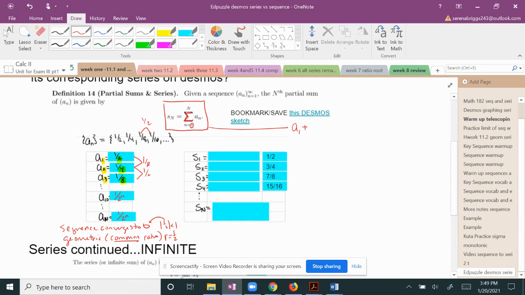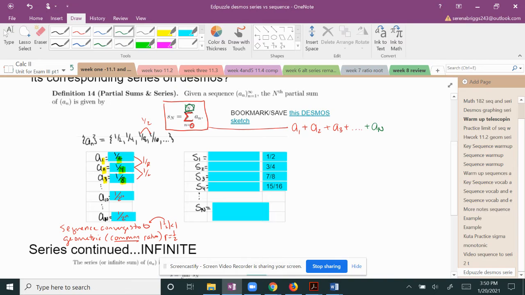This symbol, sigma, means that your inputs are 1, 2, 3, 4, 5, starting with whatever this is, in this case 1. The next one would be add A sub 2, add A sub 3, plus continue, and then this notation tells me that I'm going to stop on the nth term. So the last term I'm going to have is A sub capital N.